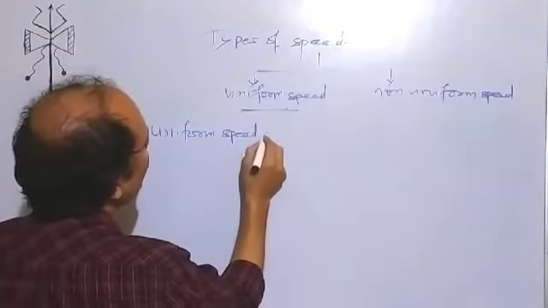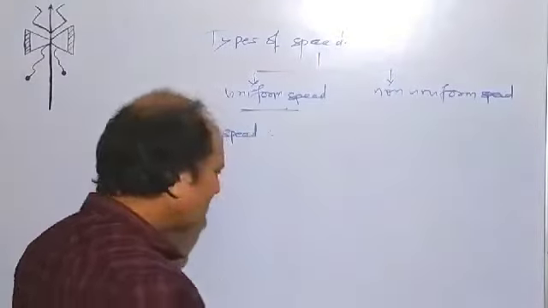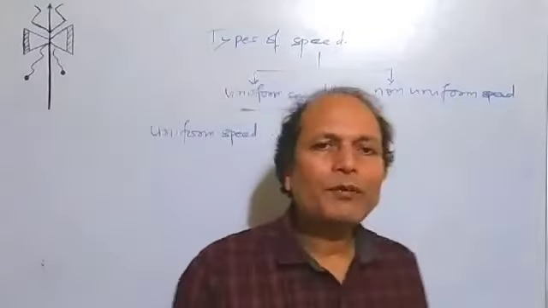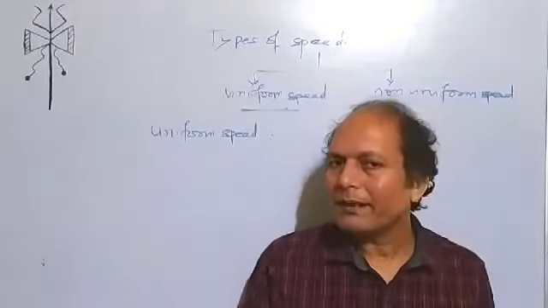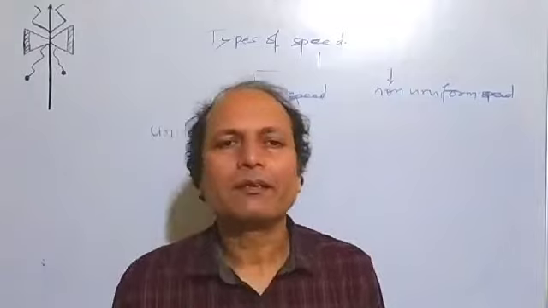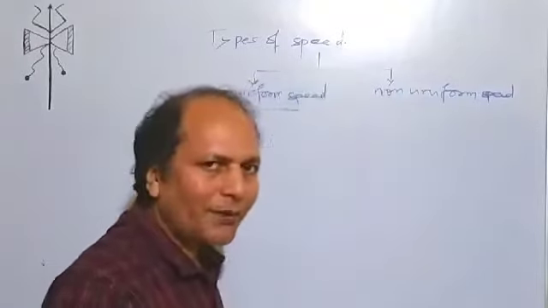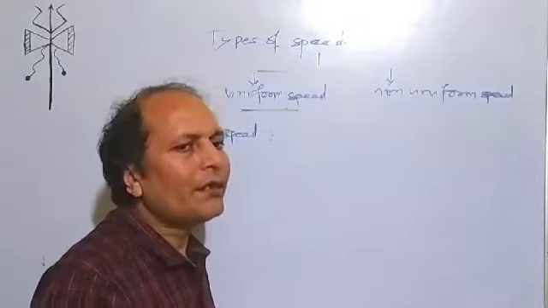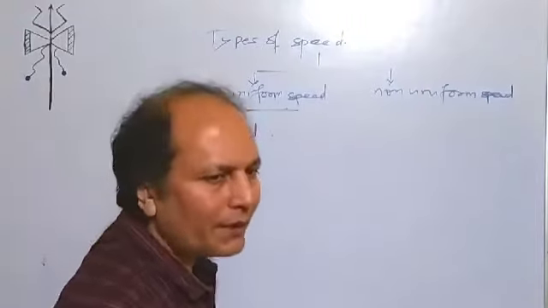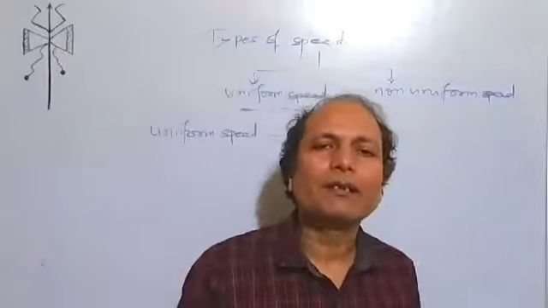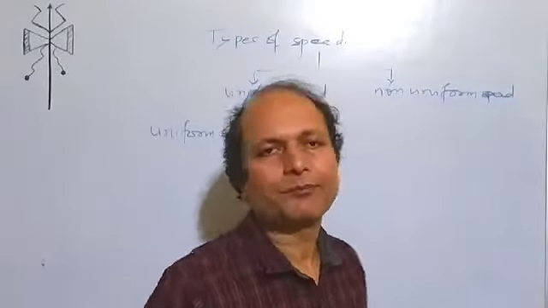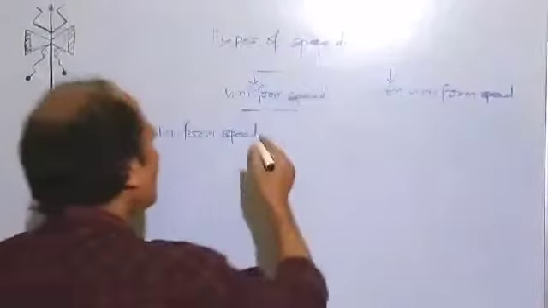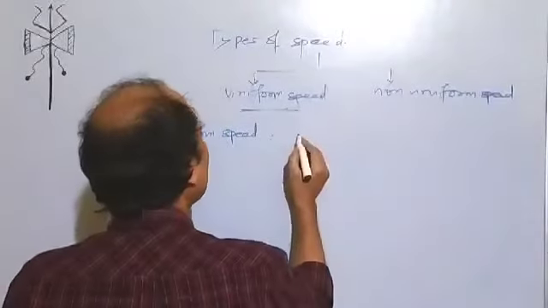Uniform speed. When a moving body covers equal distances in equal intervals of time during its motion, that is, as long as a body is in motion it covers equal distances in equal intervals of time, that is uniform speed.